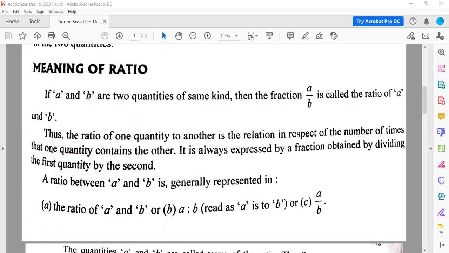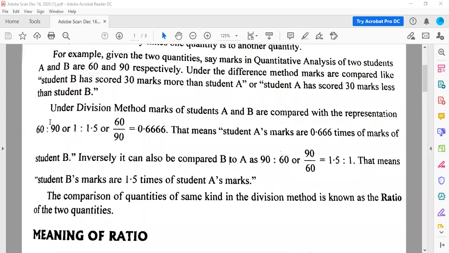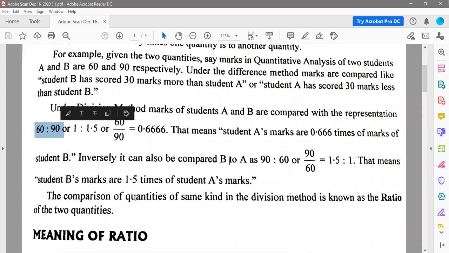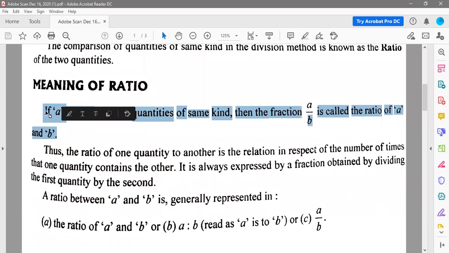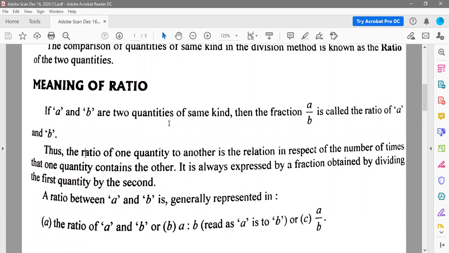It is usually expressed in the fraction format, or the format which we saw here directly in ratios. You use a colon here and you represent the numbers, that will be the ratio. So the simple meaning that you'll have to understand is if A and B are two quantities of the same kind, the fraction A by B is called the ratio of A and B.